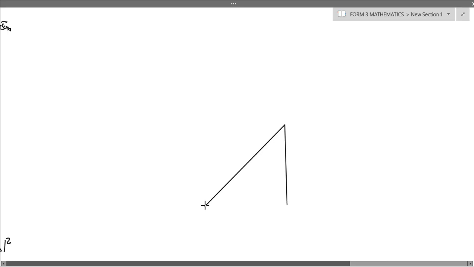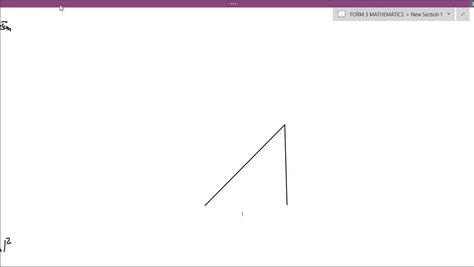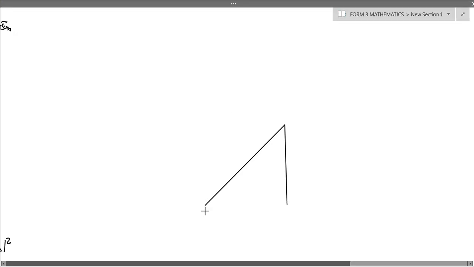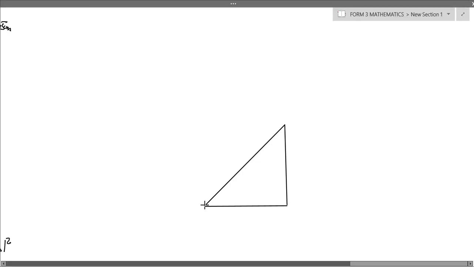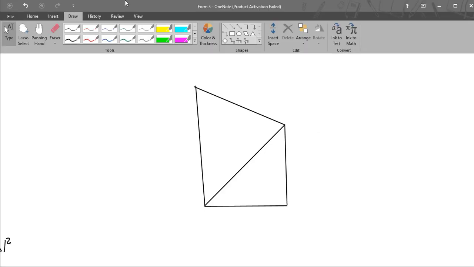Okay, so we have a right angle triangle here. So this is the preamble.